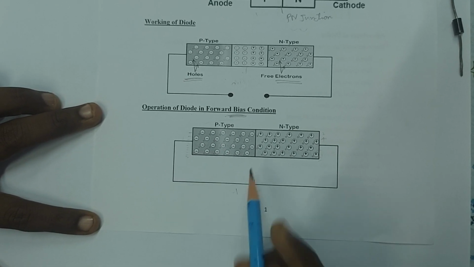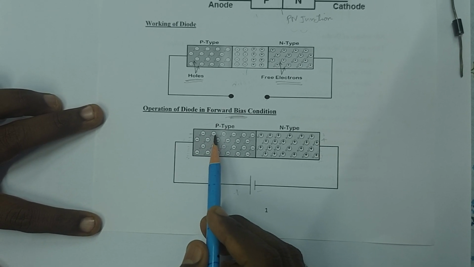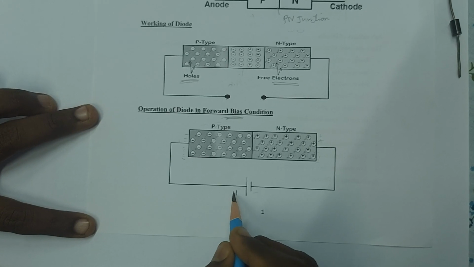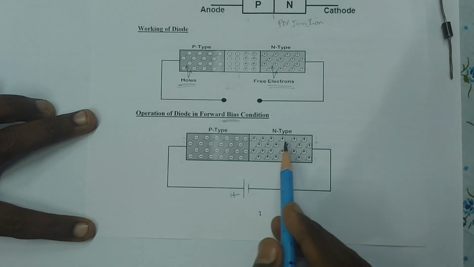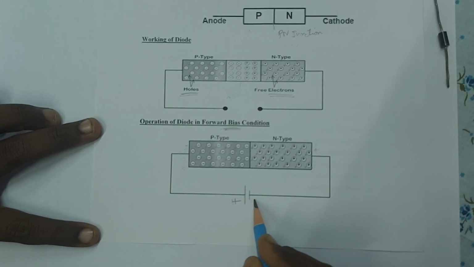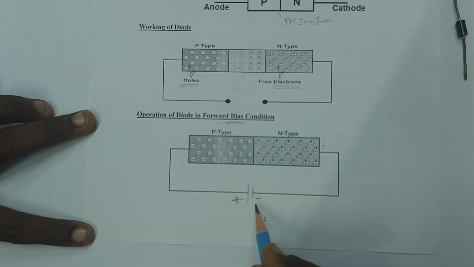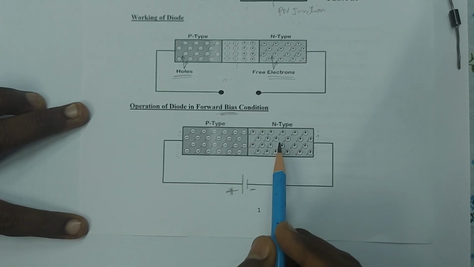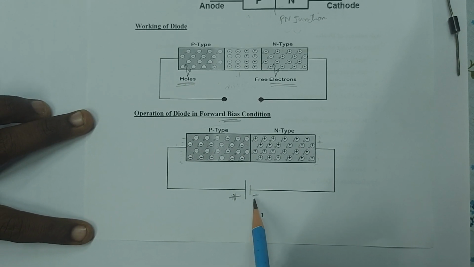The p-type is connected to the positive terminal of the battery, where more positive charge is present. On the other side, electrons are present, since n-type material contains a number of electrons, which are negative. So the p-type and n-type materials are doped together and connected to the positive and negative terminals of the battery.